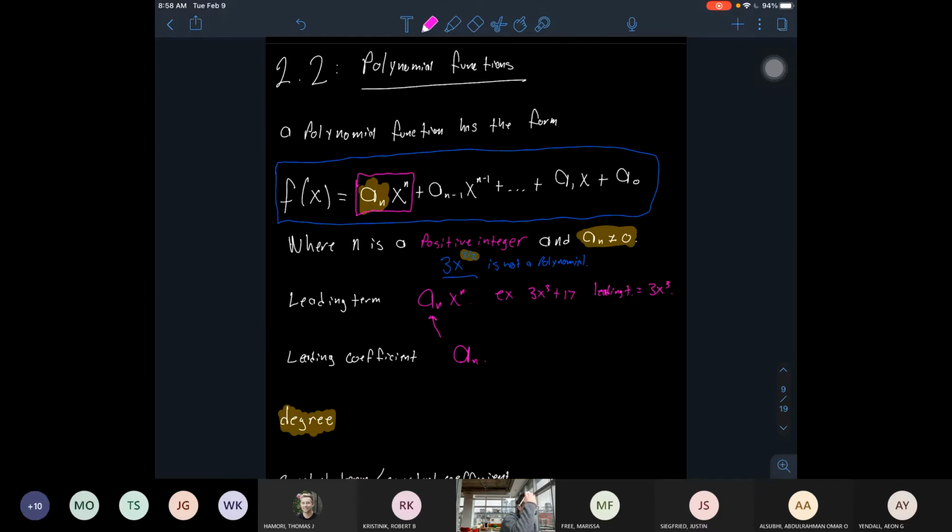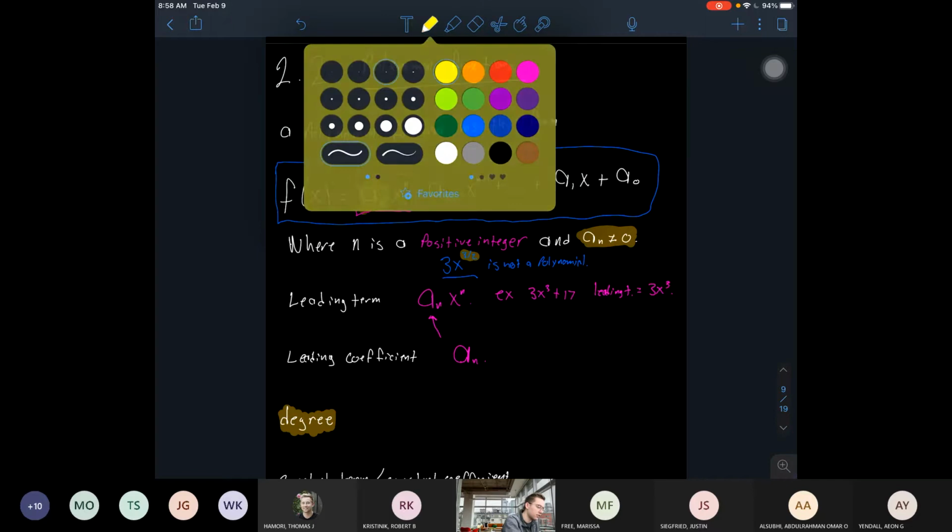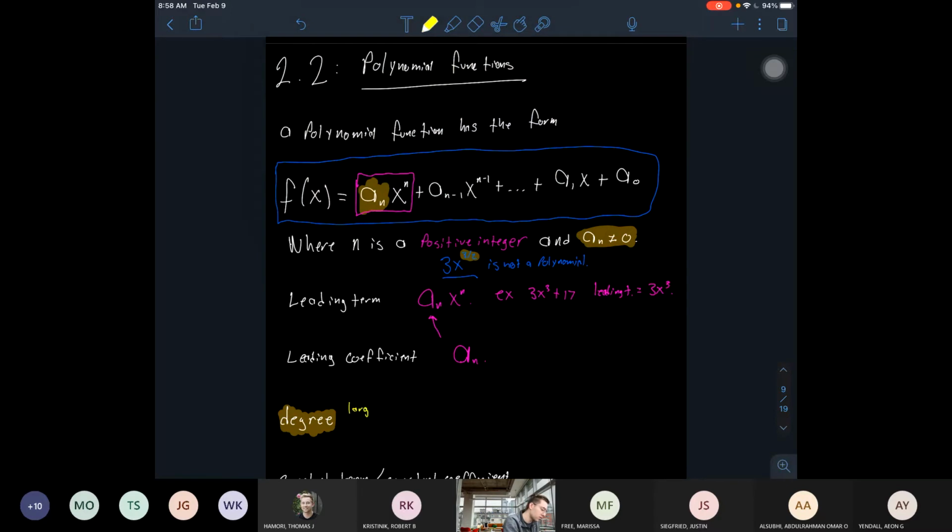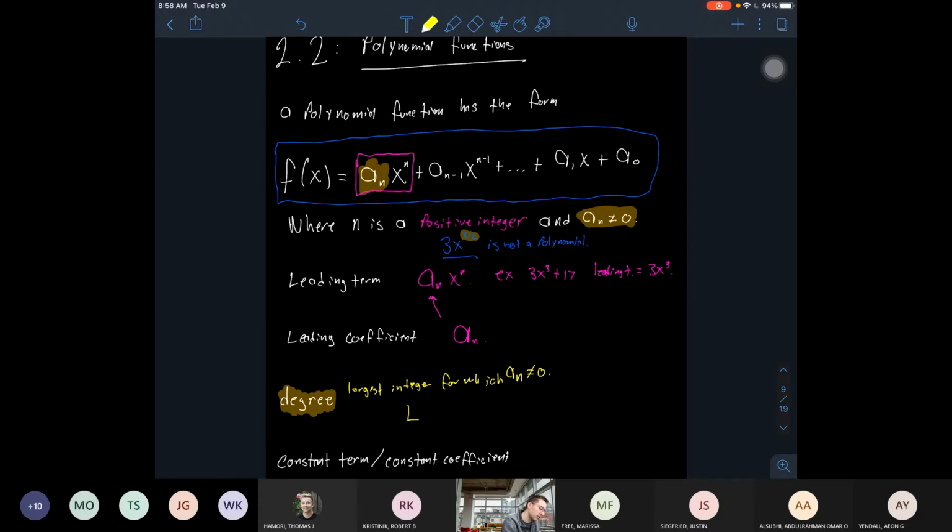Okay, and the degree of my polynomial, since I required that a_n is not equal to 0, is just going to be the highest integer for which a_n is not equal to 0. So in our case, this is going to be n. Okay.